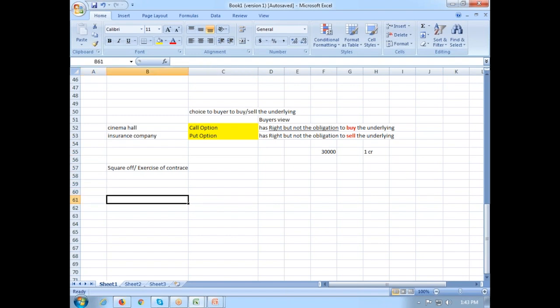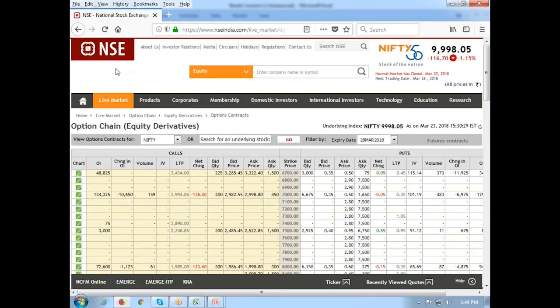While we discuss the contract specification, we'll understand the contract specification and then we'll understand the contract details. For that, let me take the help of nseindia.com.